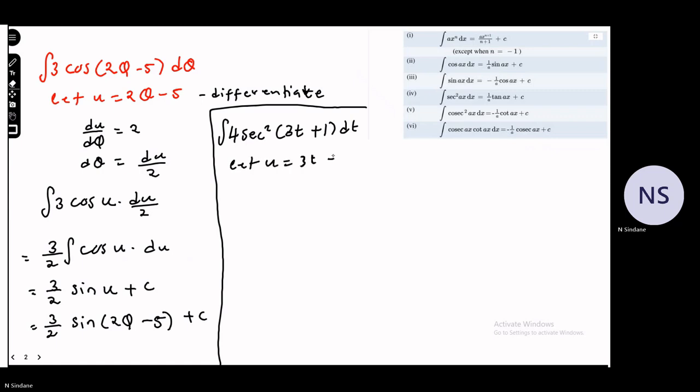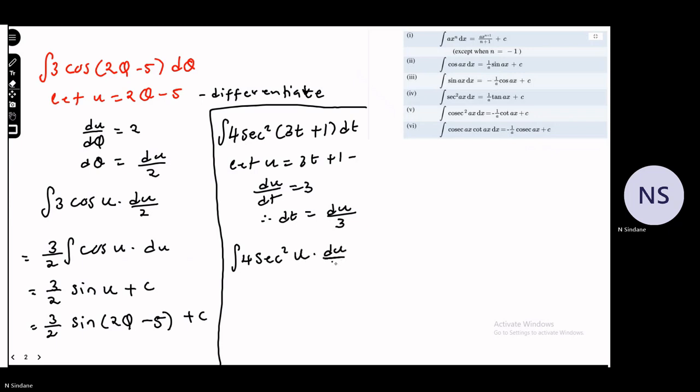And then differentiate this. So du over dt is equal to 3, meaning dt will be du over 3. And then from there, substituting, I have the integral of 4 sec squared of u multiplied by du over 3.